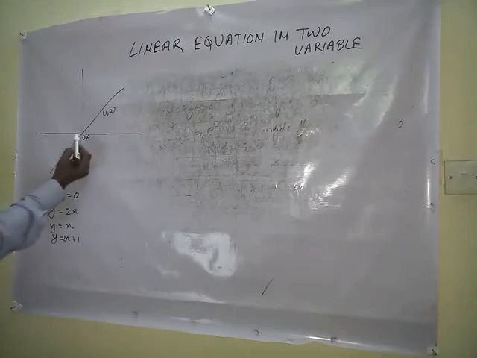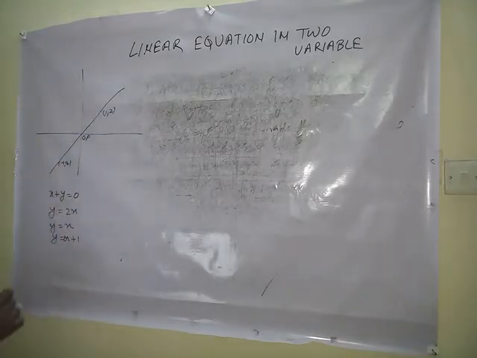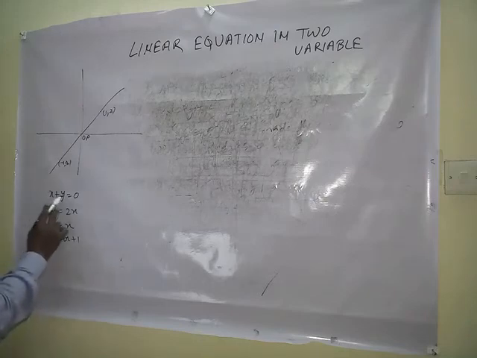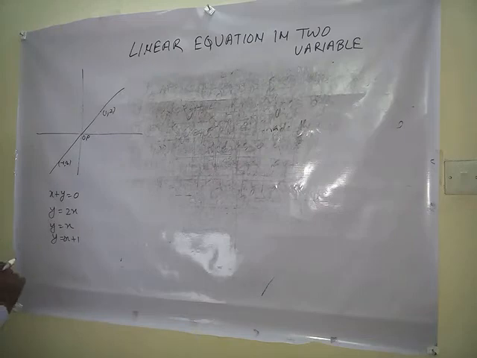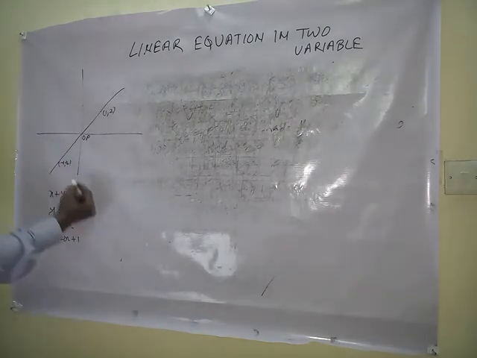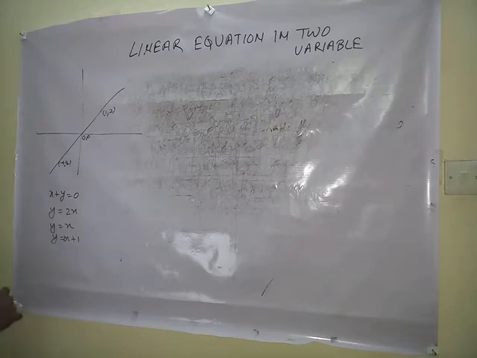Let me tell you, 0 and 0 is the thing which will satisfy all the equations, because if you put 0, 0, it is 0. So don't check only one solution, because one solution can be applicable on various things. Let's take another solution, 1 and 2.